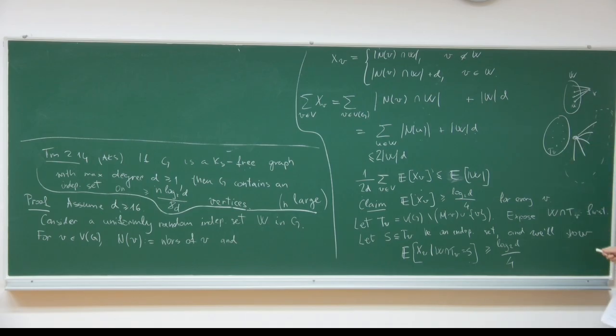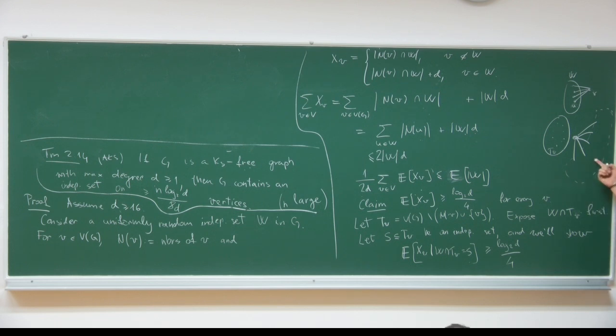So the rest of W can be any subset of the neighbors with equal probability.